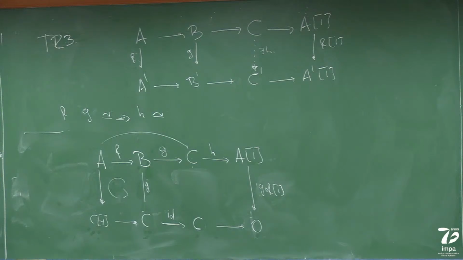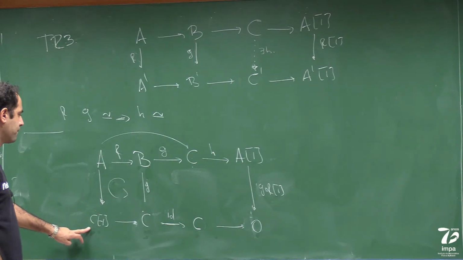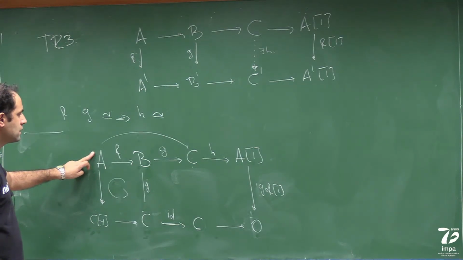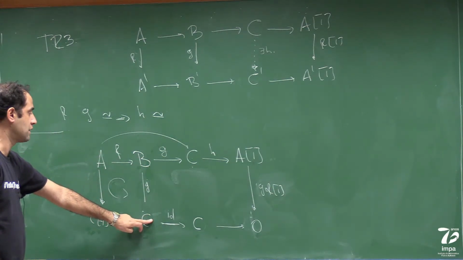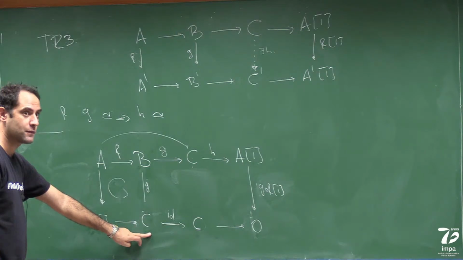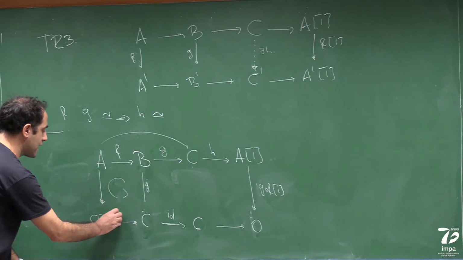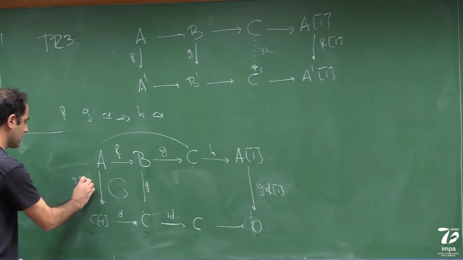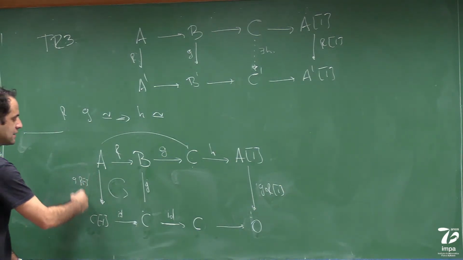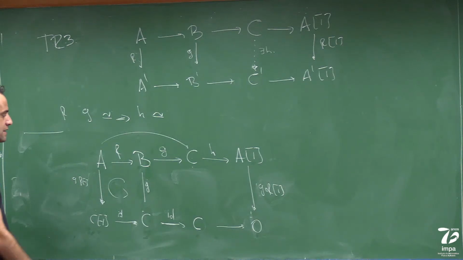So now from A to C shifted by 1, I just have F composed with G shifted by 1. And this is just the shift of the identity. So this is the identity shifted, and this is F composed with G shifted by -1. And this is just this diagram commutes.